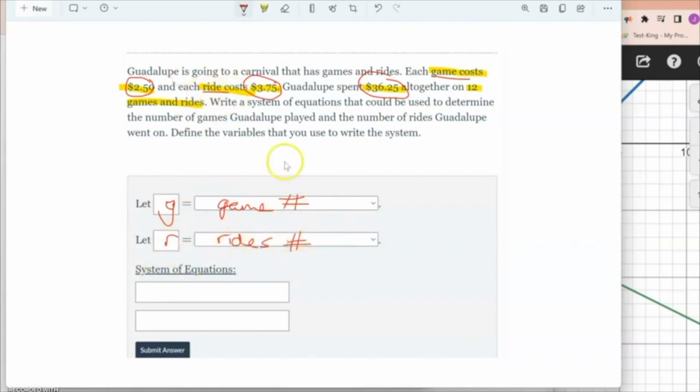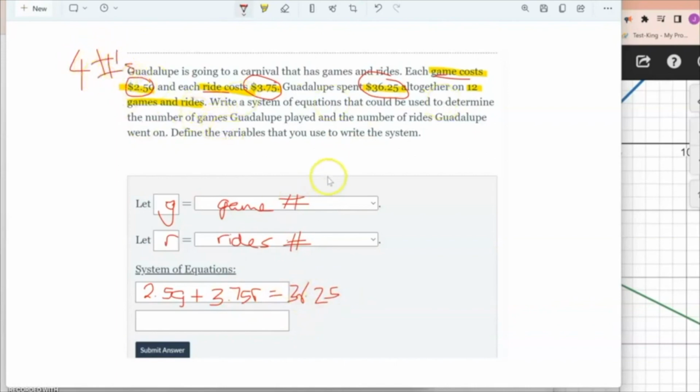All right, set up the money with the money. So $2.50 goes with G, plus my rides are $3.75 R, equals my other money, which is $36.25. When you have four numbers, so this is a 4-number example, you set up money, money, money.